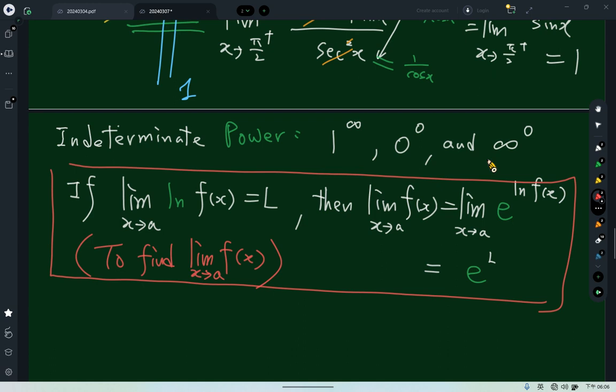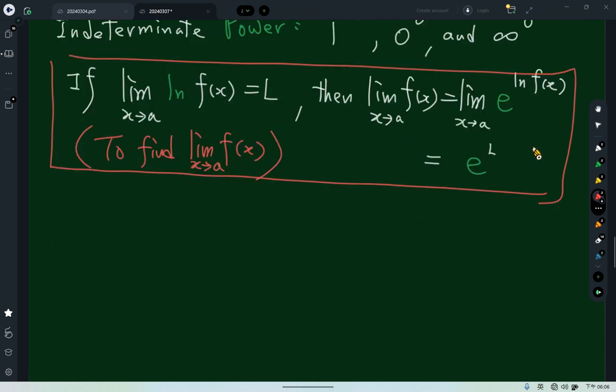Then if I want the original limit, the result will be e to the power of that.